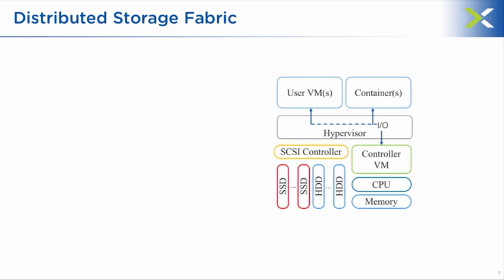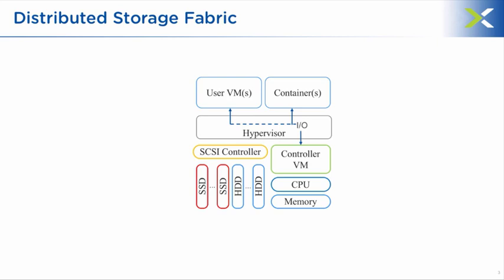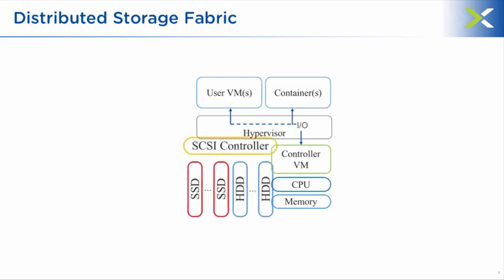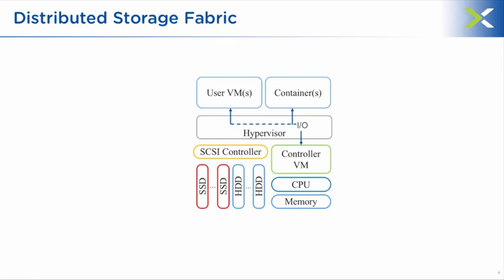So let's take a closer look at the components that make up a Nutanix node. We'll start with the node's direct attached storage, local to each node, which provides faster performance and greater flexibility. Each Nutanix node contains flash-based storage to deliver massive IOPS for high-performance workloads, as well as hard disk drives for low-cost, high-capacity storage and archival.